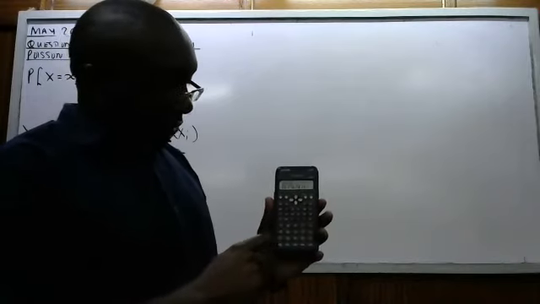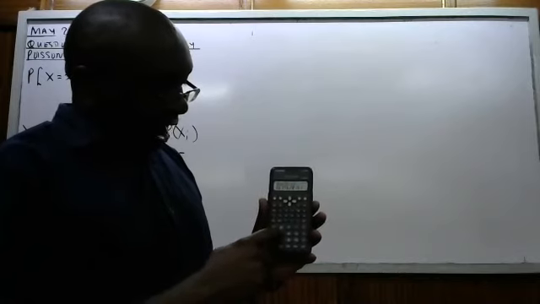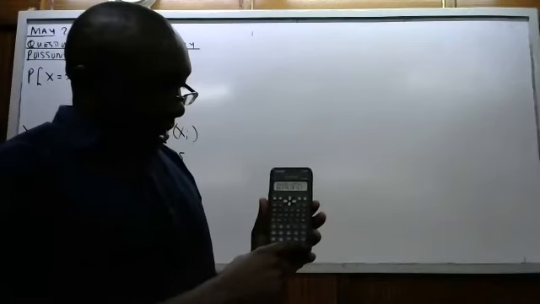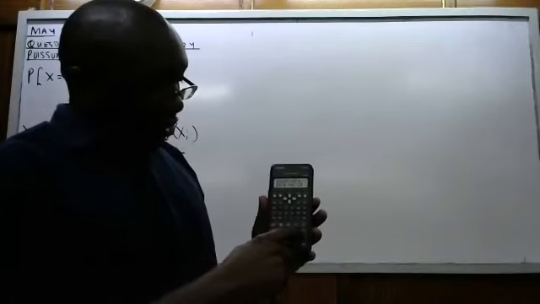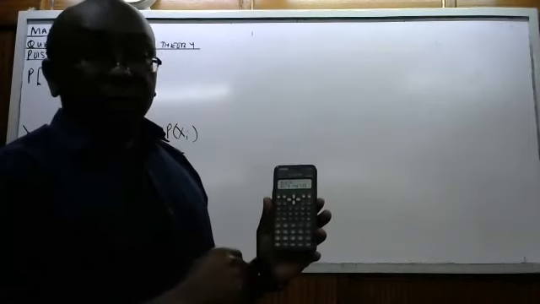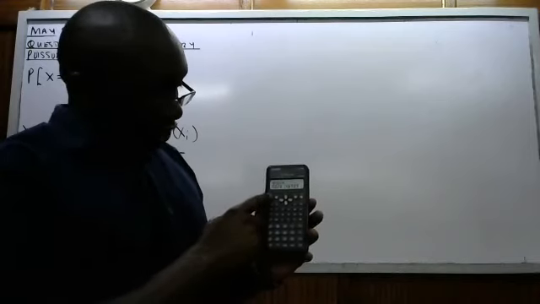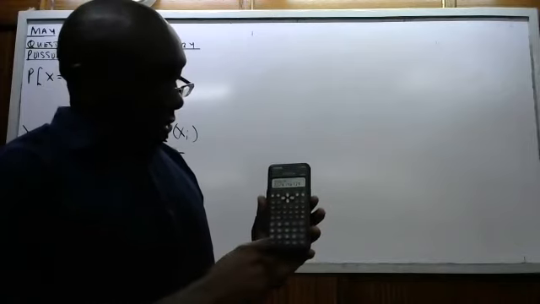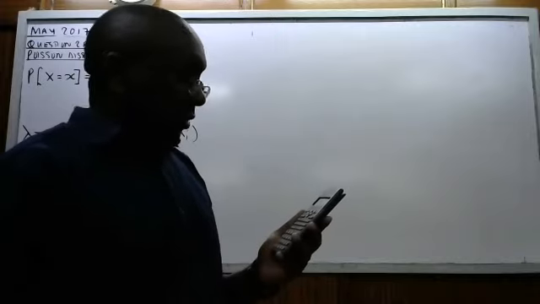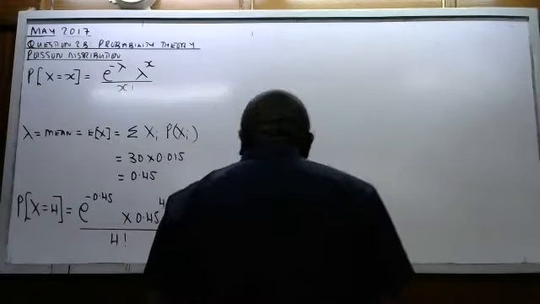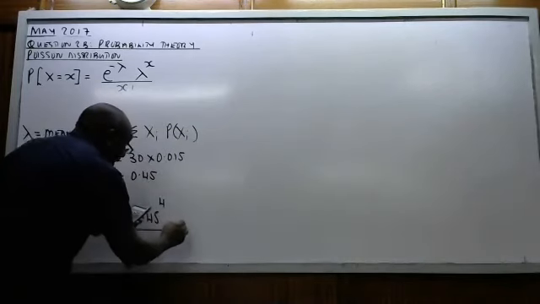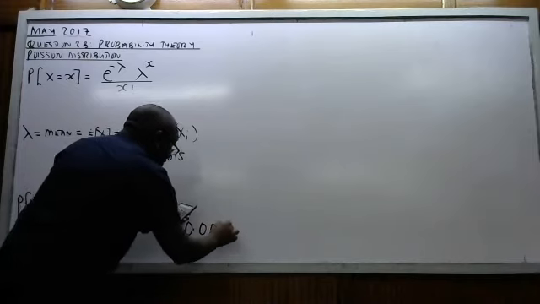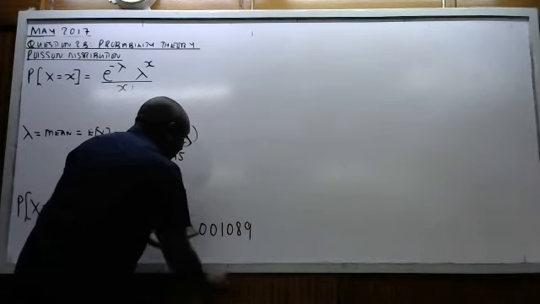Then you say times 0.45 raised to power 4. I say equals. Then you divide by 4, shift, factorial, where there is factorial. I say equals. So the answer that you should get is like this: 0.001089.